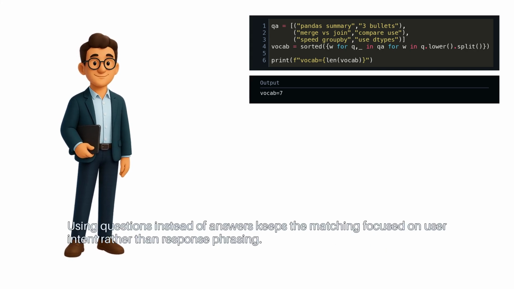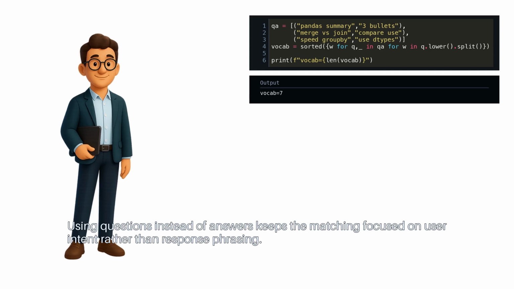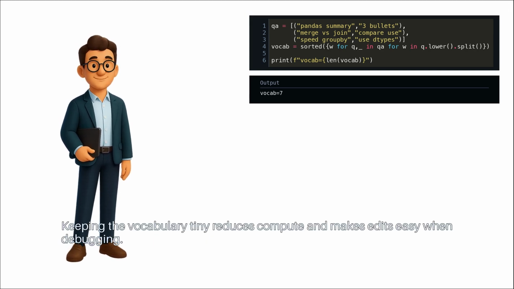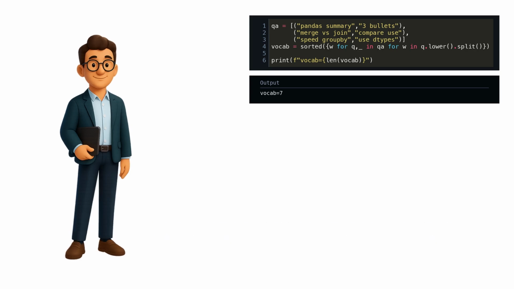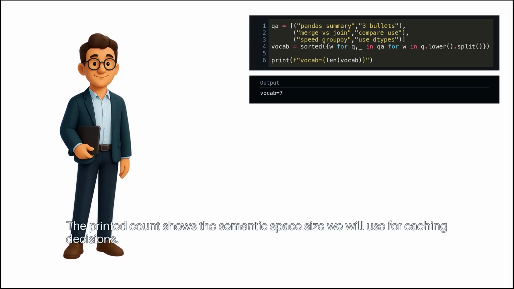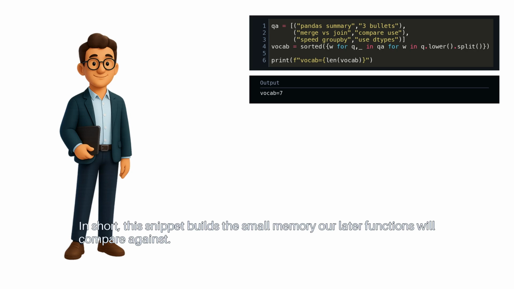Using questions instead of answers keeps the matching focused on user intent rather than response phrasing. Keeping the vocabulary tiny reduces compute and makes edits easy when debugging. The printed count shows the semantic space size we will use for caching decisions. In short, this snippet builds the small memory our later functions will compare against.